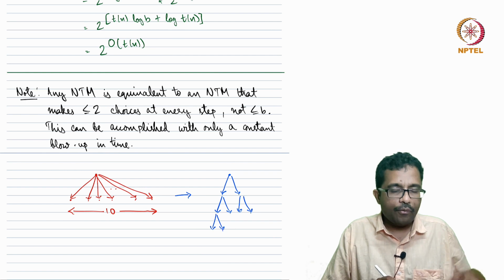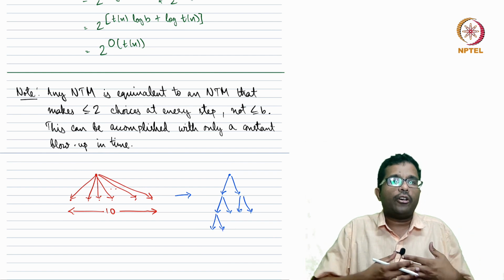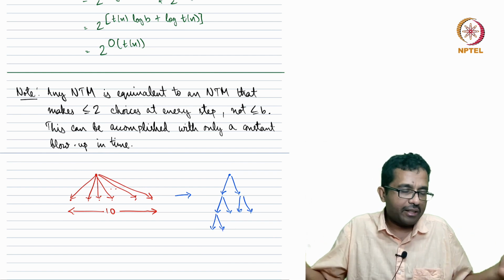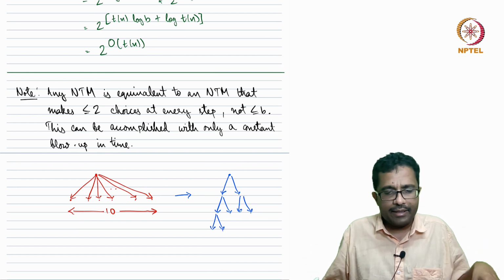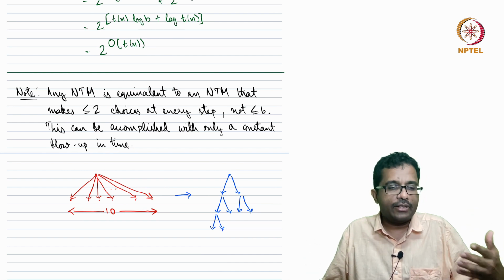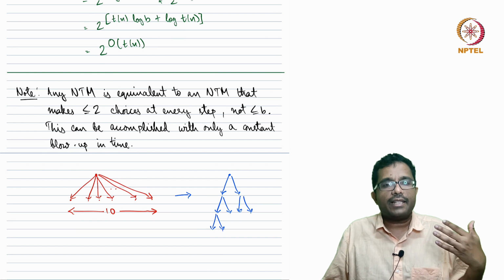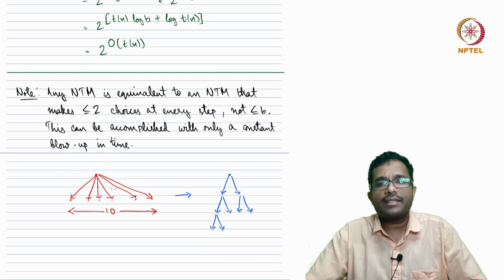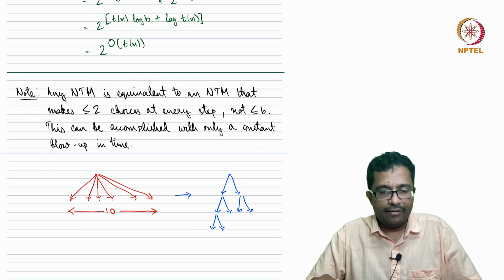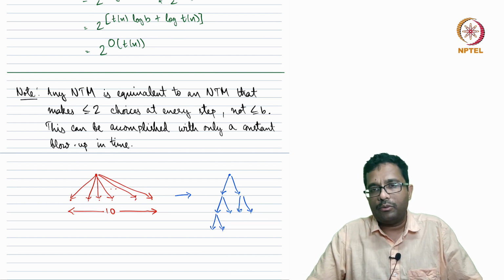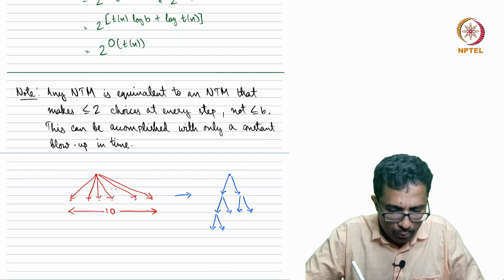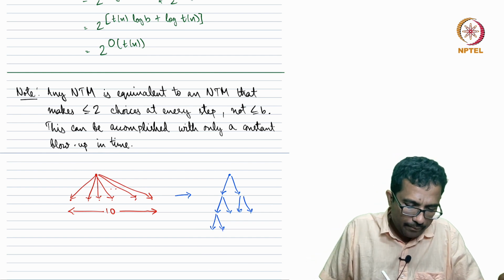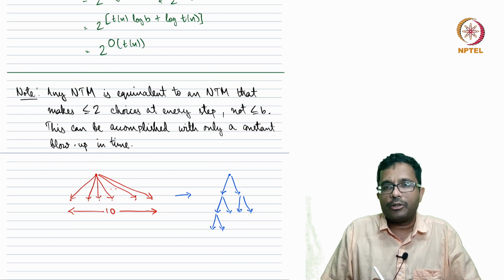So basically if the non-deterministic Turing machine takes up to 10 choices, we can replace every non-deterministic step with a step that takes at most 2 choices. Sometimes this is convenient in some proofs, like we can assume that b is equal to 2. And it does not increase the time too much, because b is usually considered to be a constant.